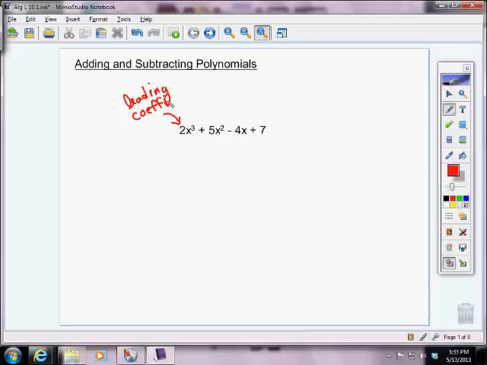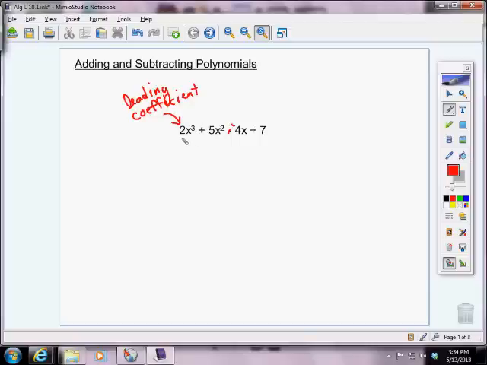Our coefficients are the numbers attached to the variable. So our coefficients are 2, 5, -4, and 7. Our leading coefficient is not just the one that comes up front, but the one attached to the variable with the biggest exponent.